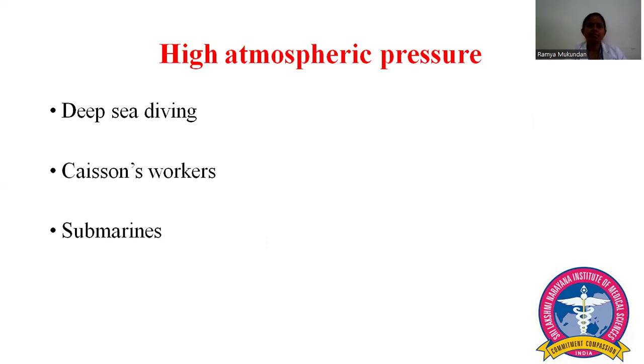Commonly, people who go under the sea are geyser workers, people who work in a chamber for construction works under the sea, submarine ship workers, and deep sea divers for occupational or recreational purposes.